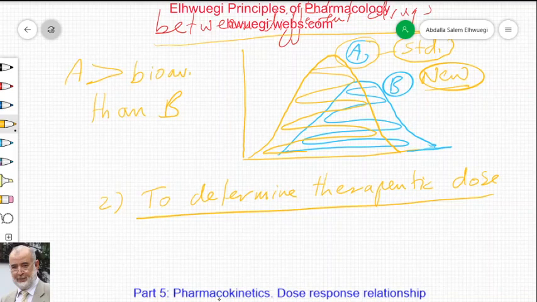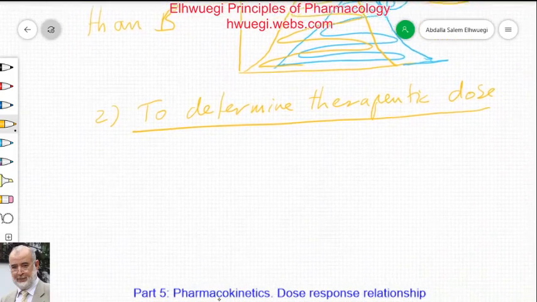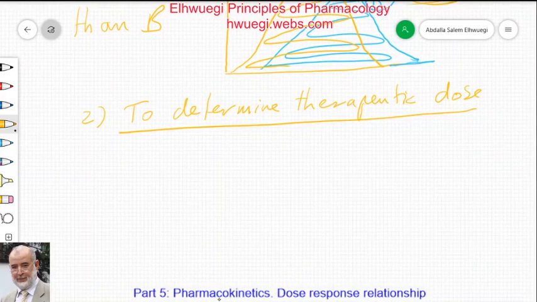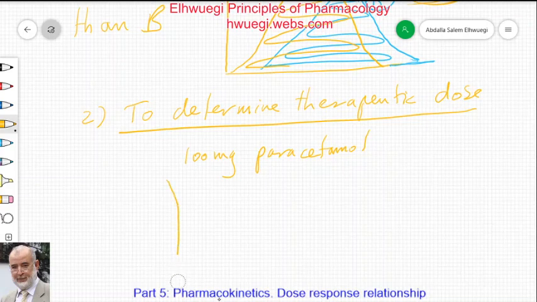Just imagine that I'm taking 100 milligram paracetamol, and I measure the area under the curve for this 100 milligram, and it produces this type of curve.